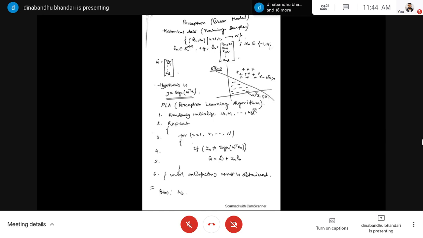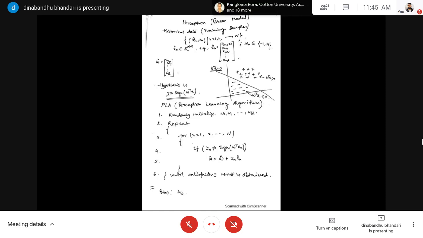That one I am denoting as w0, that's c. Just to put it in the summation wi xi form, we have introduced a dummy variable xn0, which is 1, so that we can write this line as w0x0 plus w1x1 plus w2x2.